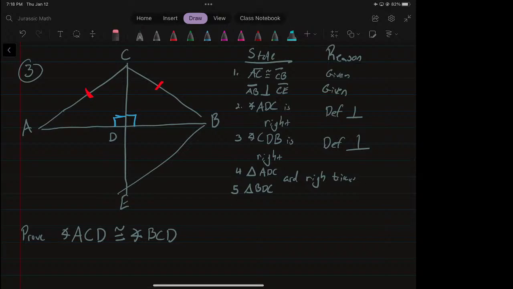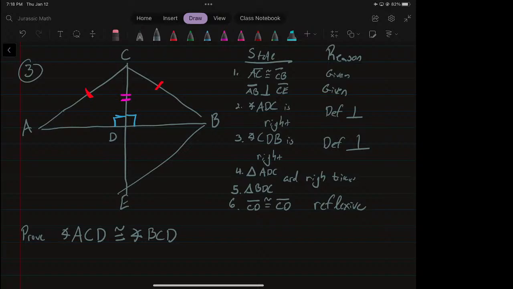Come on, pencil. Switch over. Step 6 says that CD is congruent to CD because it's reflexive. So it's going to be congruent to itself.